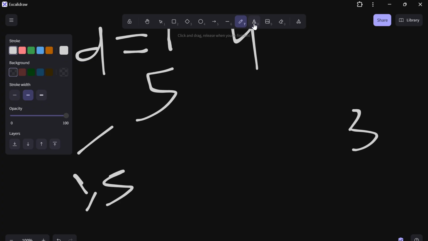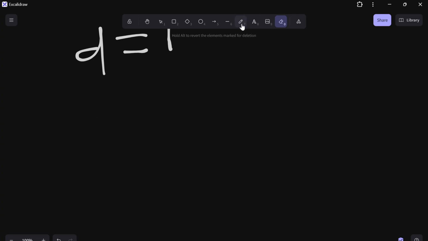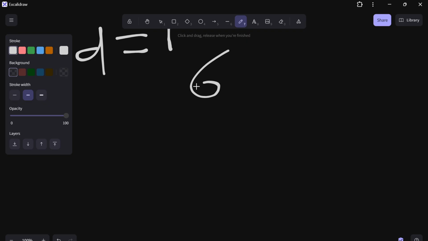Now, if we take the example of 6, how many divisors does it have? Any number at least has the divisor 1.